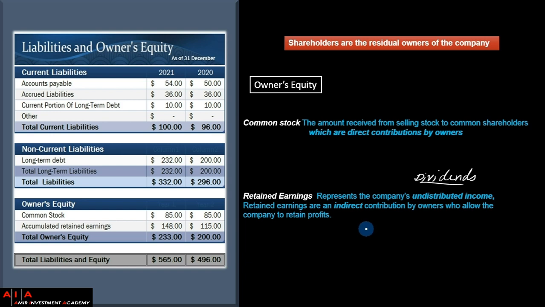And the retained earnings line is, you can say, directly related to the income statement, which we will see soon. You will see this accumulated retained earnings go up if the company is making profits, making net income, which comes directly to the retained earnings. So these lines, the net income and the retained earnings, are very much related. If the company makes enough money, makes a net income, a profit, the retained earnings goes up, and vice versa.